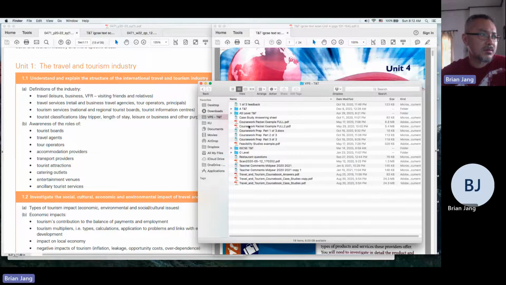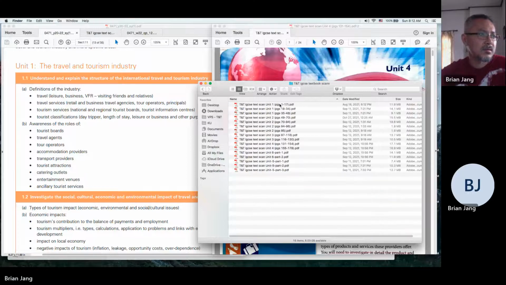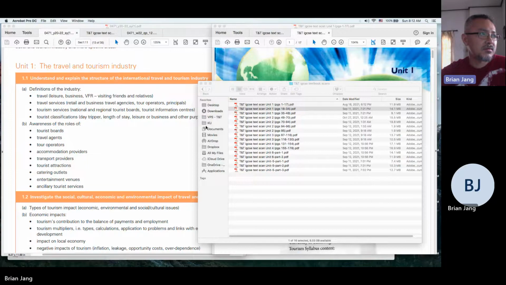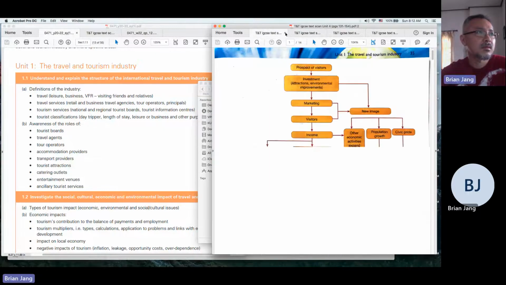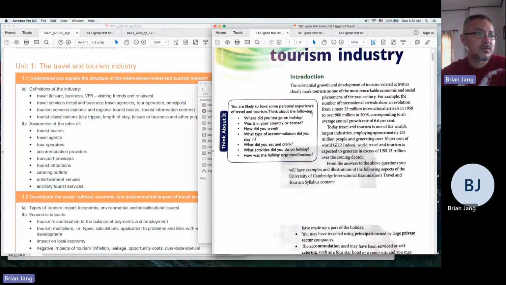So I'm going to go to the scans that I made for you guys. So I have to actually open Unit 1. I have 3 different PDFs for Unit 1. Okay, here we go. The travel and tourism industry.